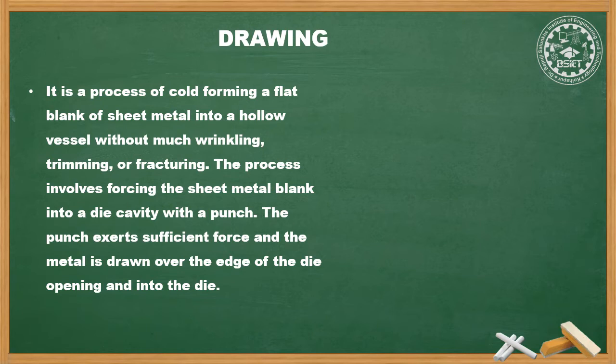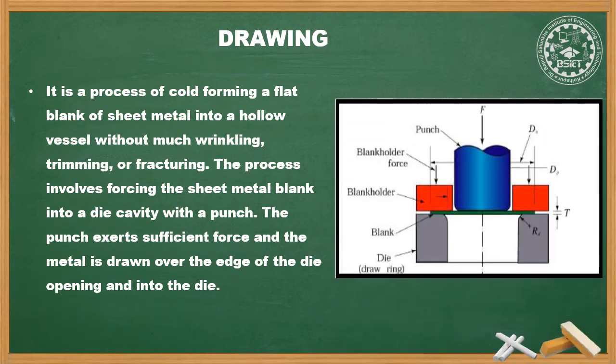In forming a cup, however, the metal goes completely into the die as shown in the figure aside. The metal being drawn must possess a combination of ductility and strength so that it does not rupture in the critical area where the metal bends from the punch face to the vertical portion of the punch.